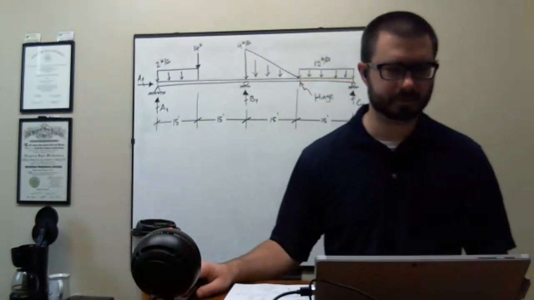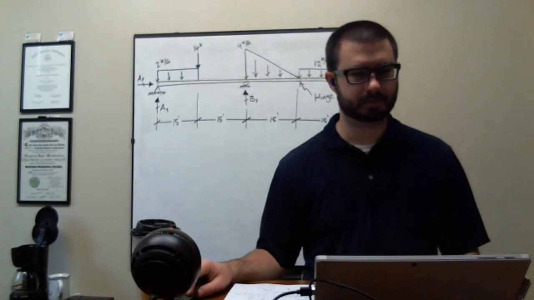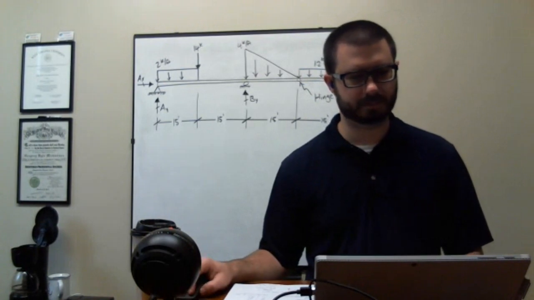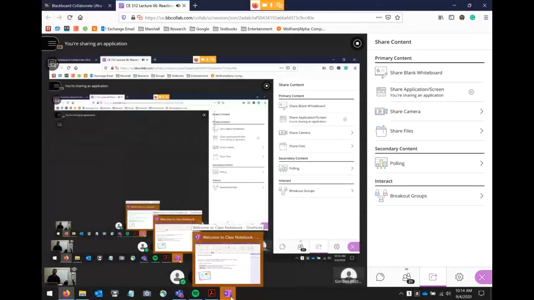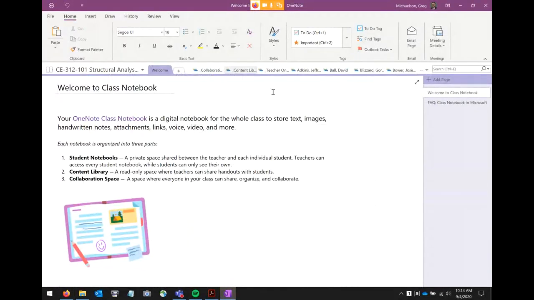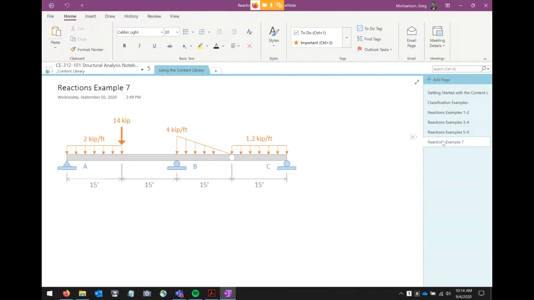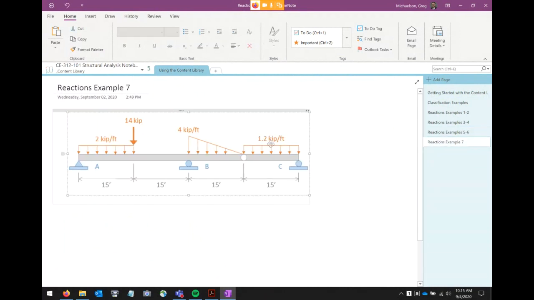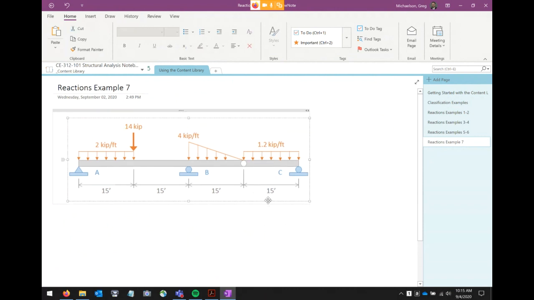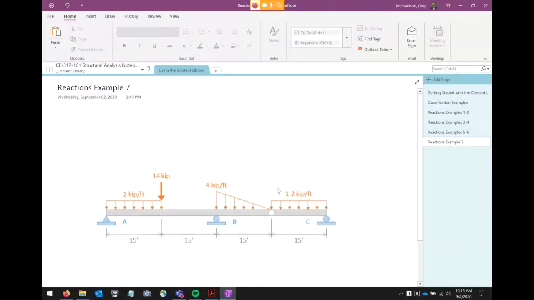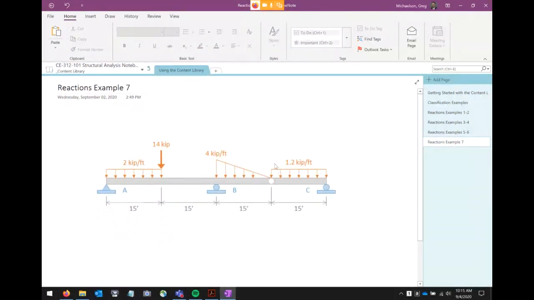Come on. There we go. All right. Library, example. Okay. So here's our problem. Let me see if I can move this a little bit. Oh, goodness. Give us a little bit of room here. Okay, let me lay my screen down.